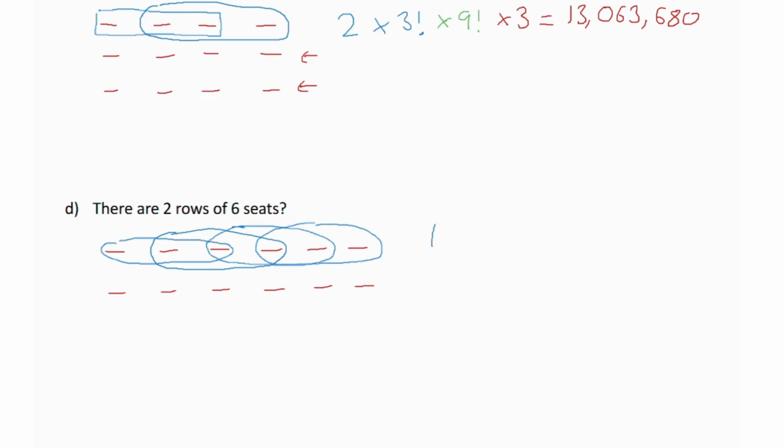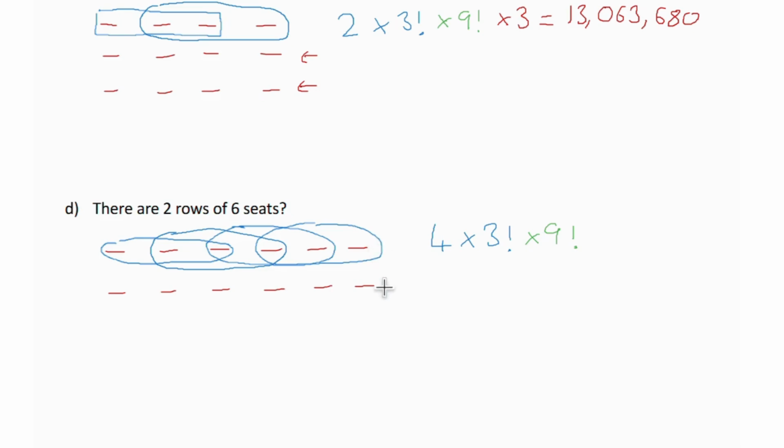So there are 4 different places or blocks where they could be sat within the front row. And in each of those, there's 3 factorial ways of arranging A, B, and C within that block. Again, there are 9 other students, and they can go anywhere in those 3 spaces. So that's going to be times 9 factorial.